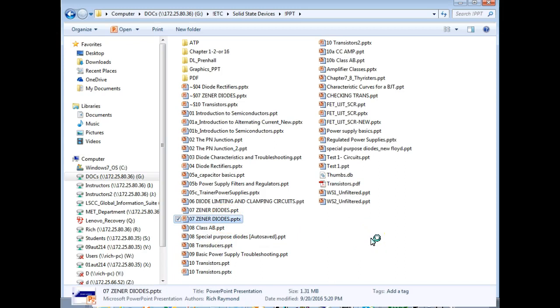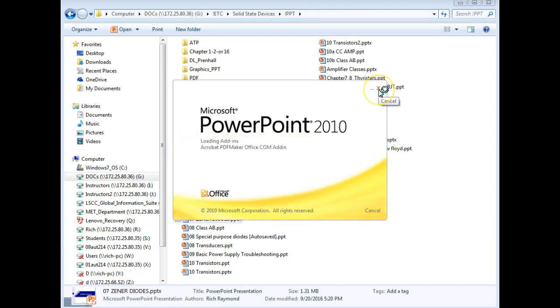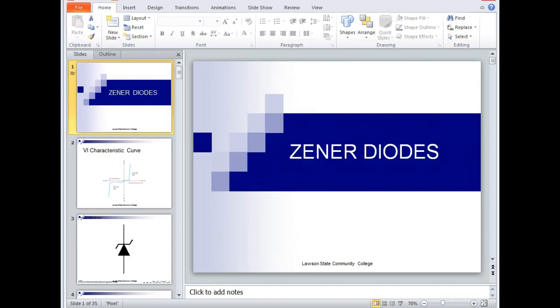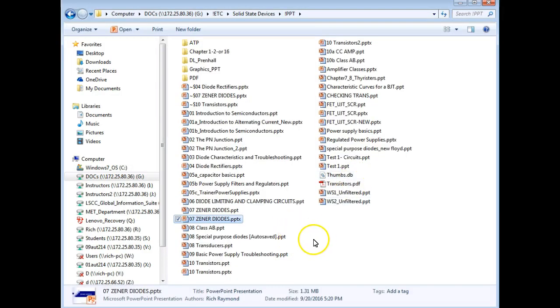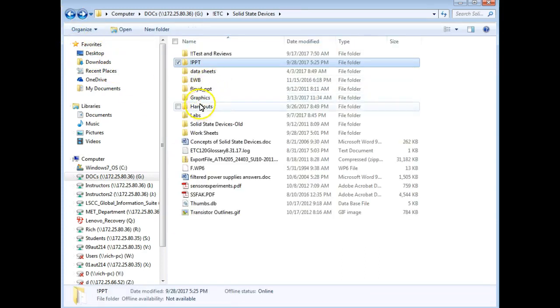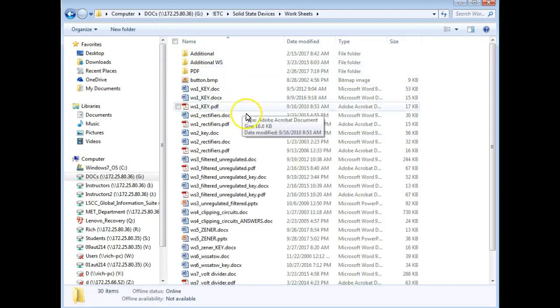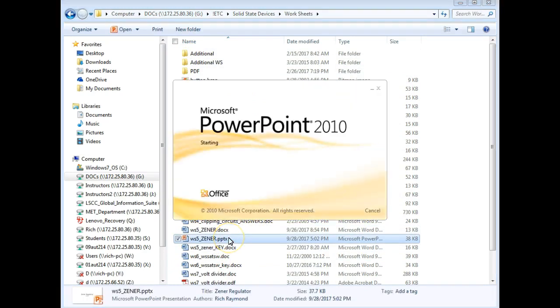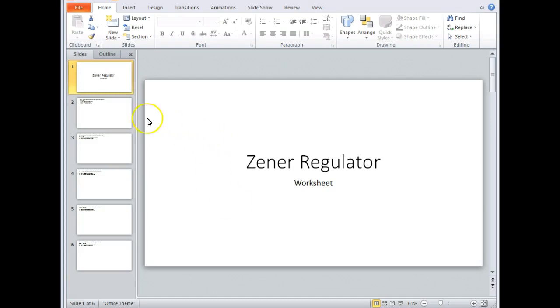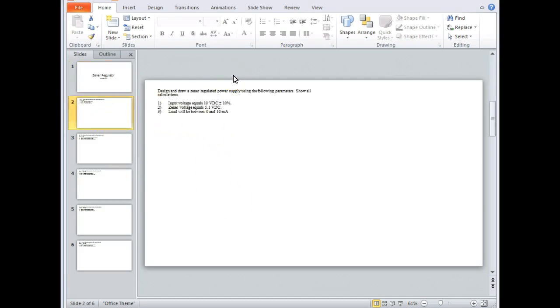Get your formula sheet out. That's 101. So there should be a section on your formula sheet just dedicated specifically to Zener power supply.